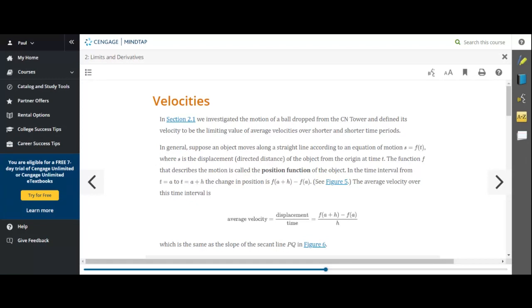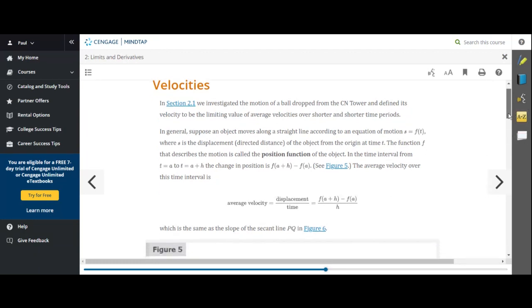So Lynn, it's an instantaneous rate of change. That's exactly right. That's what we're finding. So average velocity, and this is in the book, is defined as displacement over time.